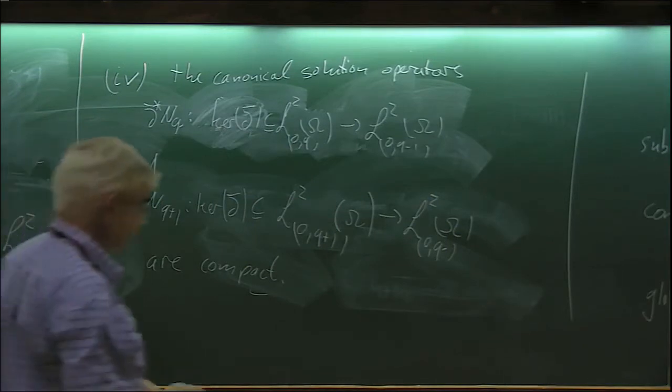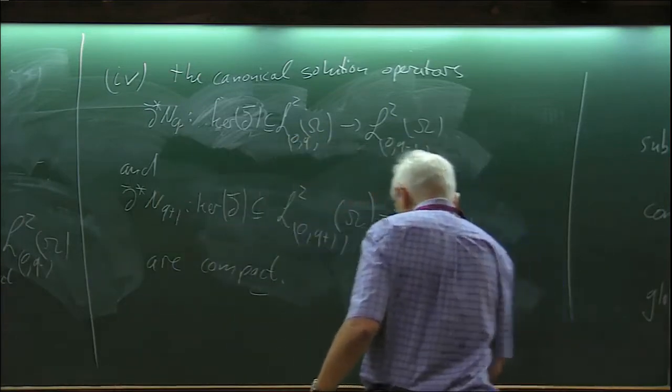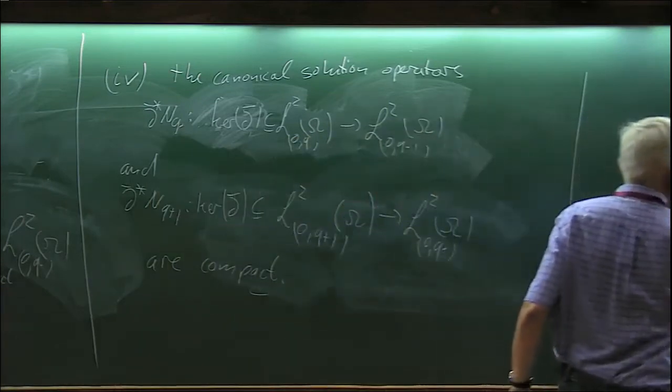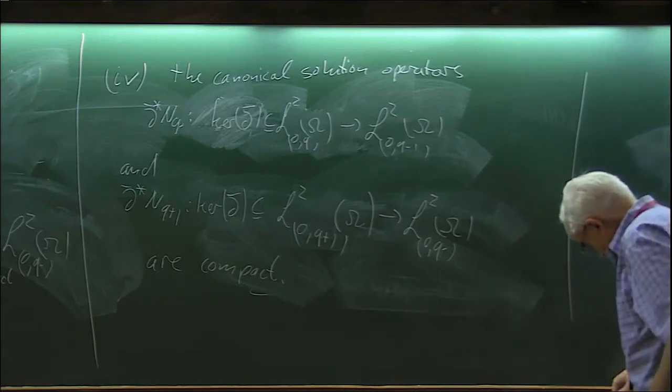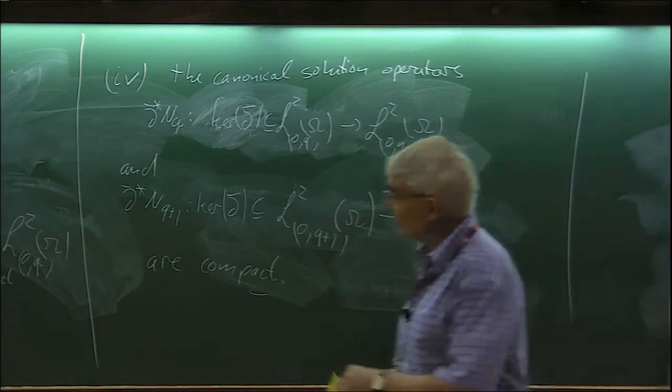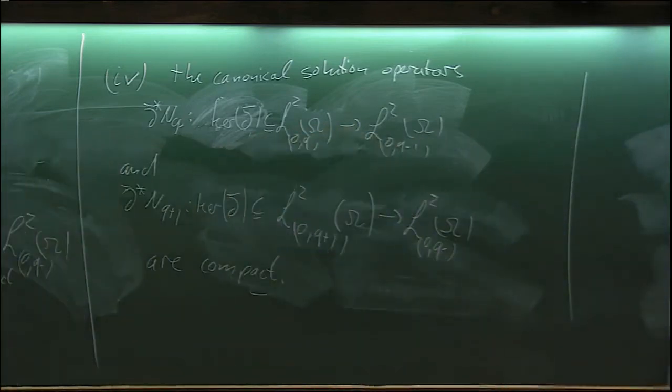Well, some of the statements here are pretty clear. The equivalence of 1 and 2 is just because N_q is, remember, J_q star composed with J_q.